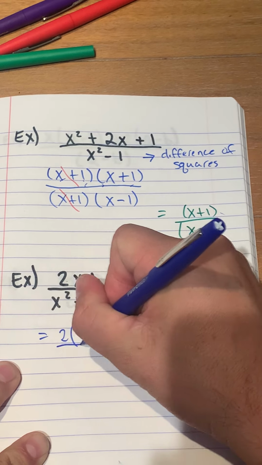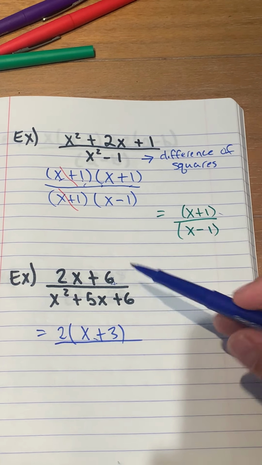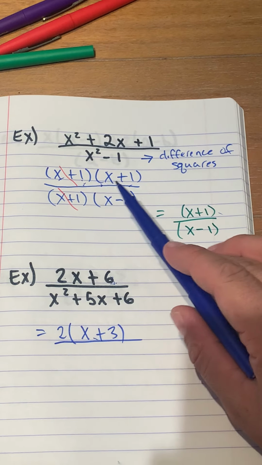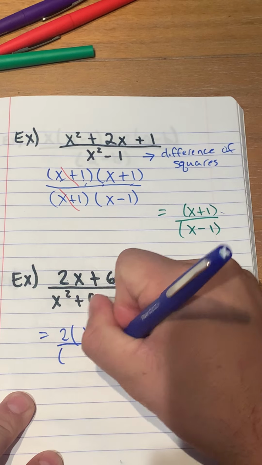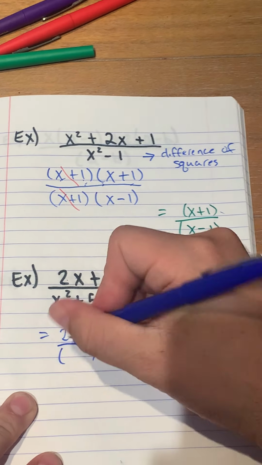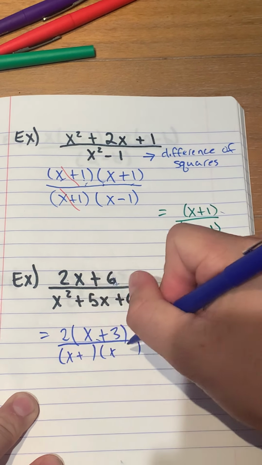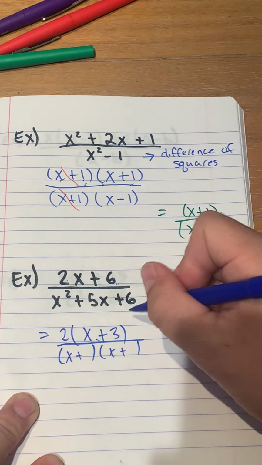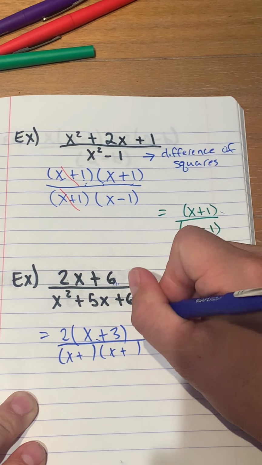Now this is going to be divisible by, what is my denominator? I'm going to factor out my denominator. Again, I'm going to use parentheses, and I'm going to have x and x over here. So it's x. Everything is positive, so I'm just going to put a plus sign there. What are factors of 6 that when we add them up give us 5?